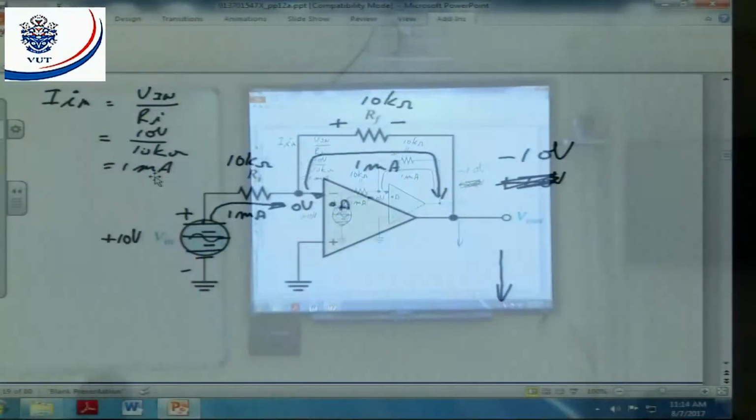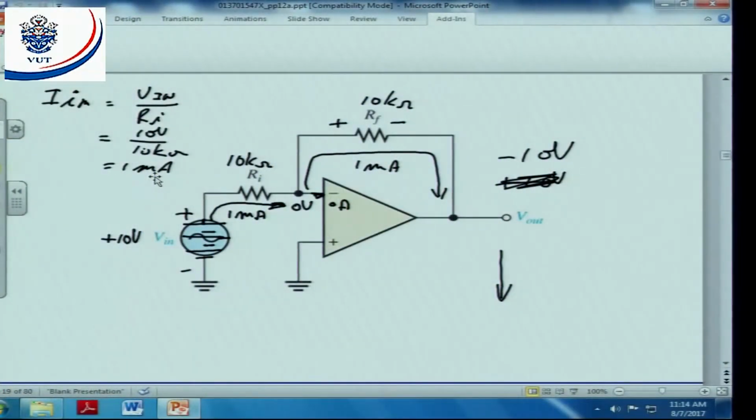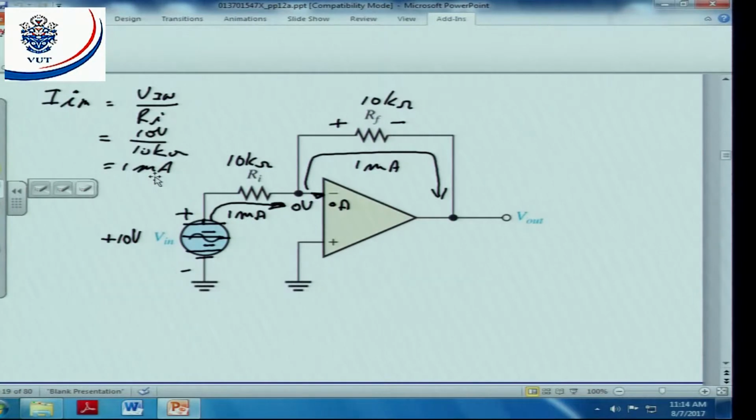Now we're going to change it a little bit. Let's make RF now 20 kilo ohms.